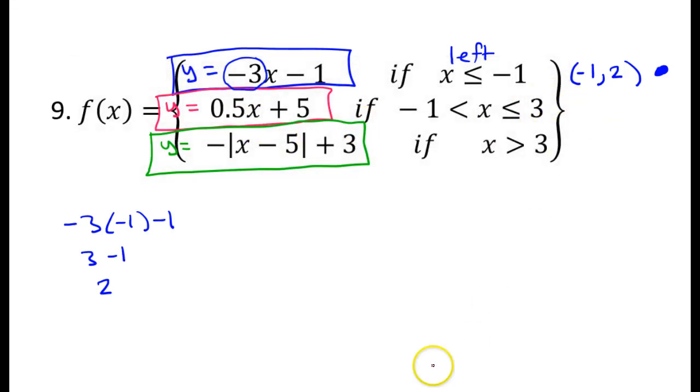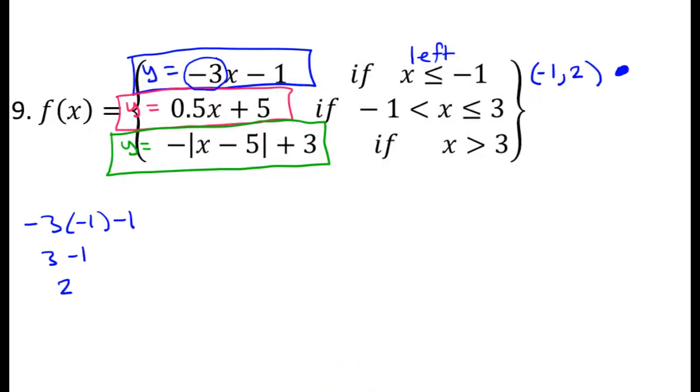But first of all, this red piece has 2 endpoints. Because of the -1, I know that the first endpoint is -1 comma something. Because of the 3, I know that the second endpoint is 3 comma something. Now I need the y values. So 0.5 is 1/2, so I'm just going to start using 1/2.